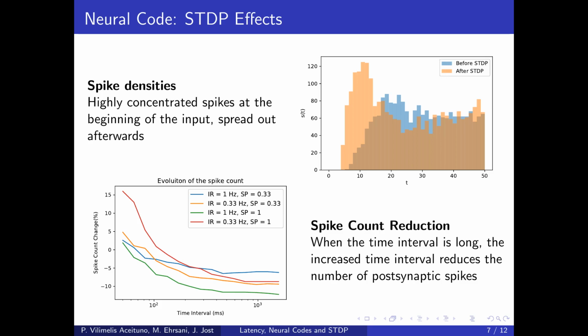That means that the spike rate is lower, so there's fewer postsynaptic spikes. So put together, you get a code that, on one side, has some sort of synchronization, has this peak of activity, which is easier to detect, and on the other hand, uses much fewer neurons. Okay, so it's a better code in general.